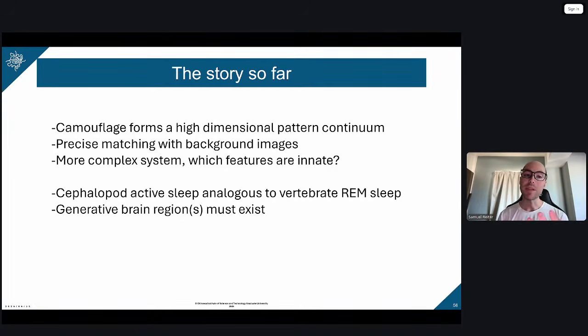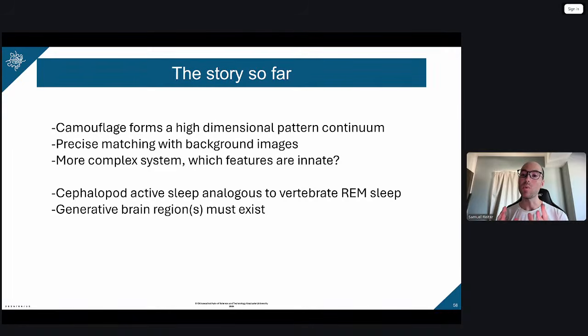On the sleep side, we've described this active sleep stage in octopus. Cuttlefish do it as well. It has many parallels to vertebrate REM sleep, suggesting that this awake-like sleep stage evolved at least twice in evolution and likely goes hand in hand with having a large brain and complex behavior to perform some fundamental functions that I think are still mysterious, although there are many interesting ideas out there.